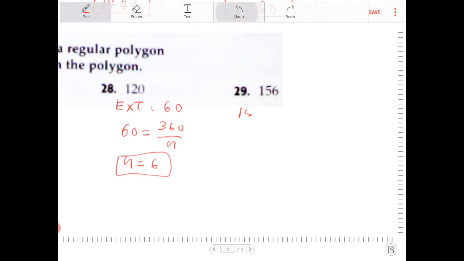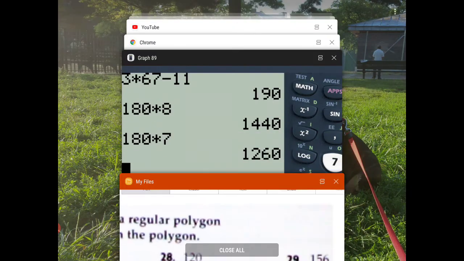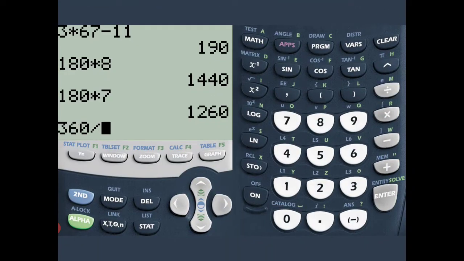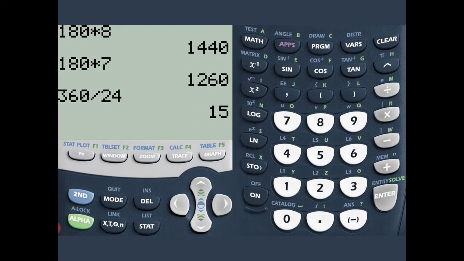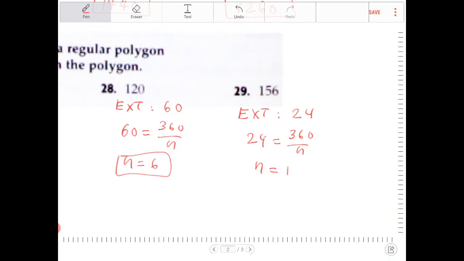For 156, the exterior angle is going to be 24. I take 24 and set it equal to 360 over n and solve for n this way. So what will that turn into? 360 divided by 24 turns into 15. So there are 15 sides to this.